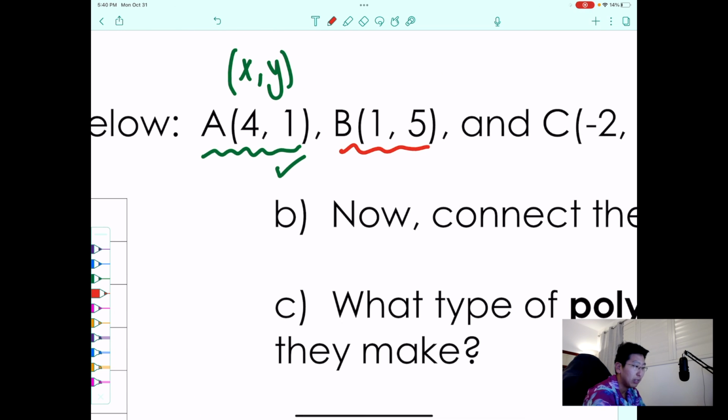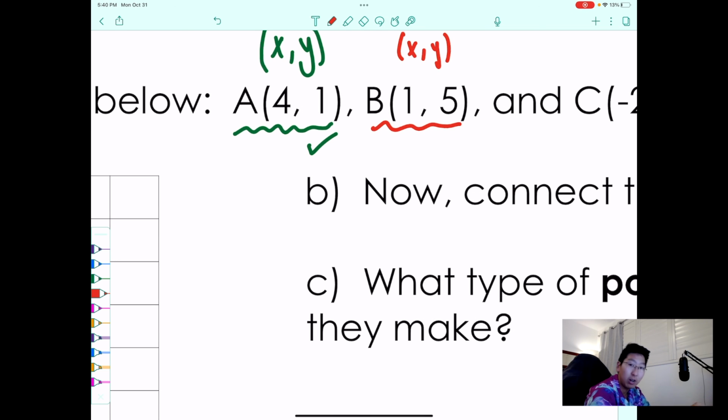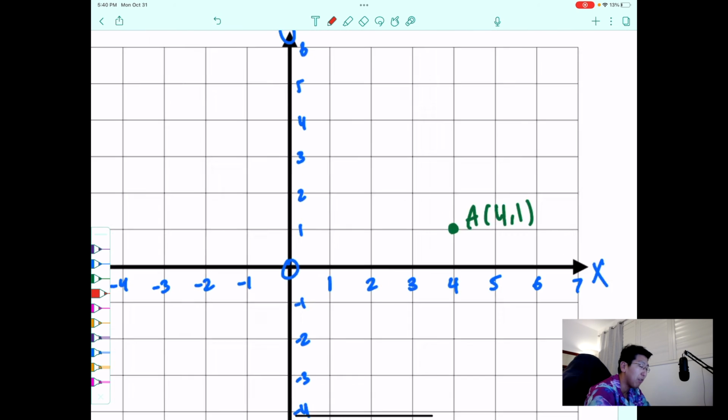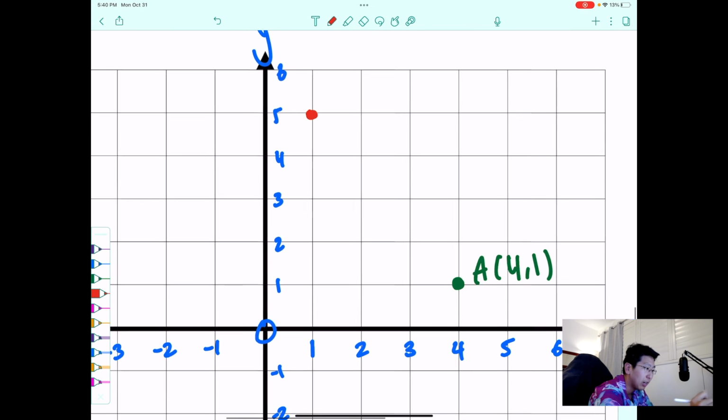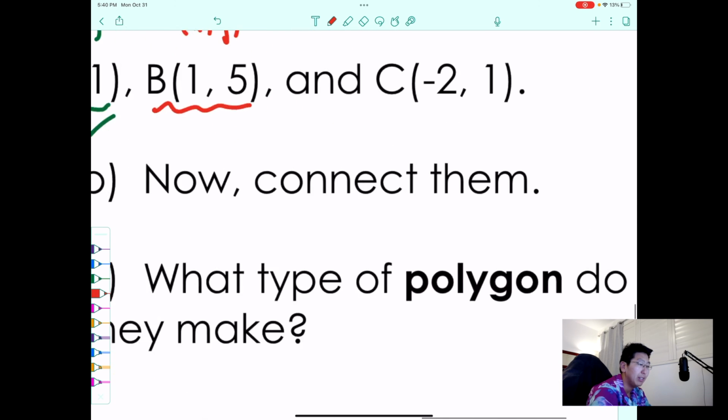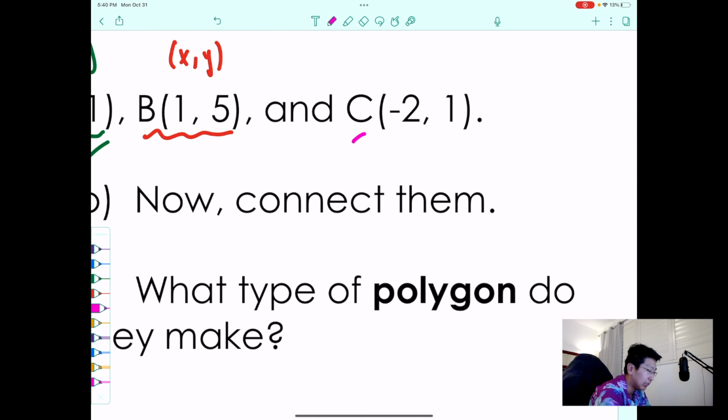B, 1, 5. X, Y value. All right. So I'm going to go ahead and find 1 on the x-axis, 5 on the y. So 1 on the x, 5 on the y right here. This is point B at 1, 5. Last is C. Negative 2, 1.